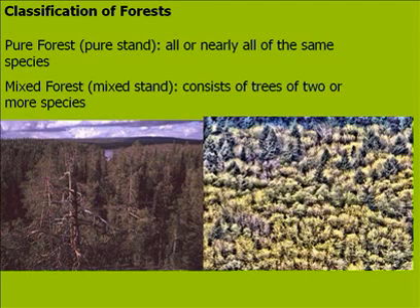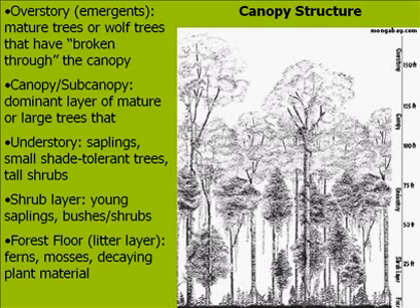Some other terminology to pay attention to relates to canopy structure. In a very well-developed or mature forest, and especially in the tropics, you tend to see five major canopy layers. Especially in tropical areas, you have an overstory or emergent wolf tree layer of just scattered trees that have broken through the main canopy.